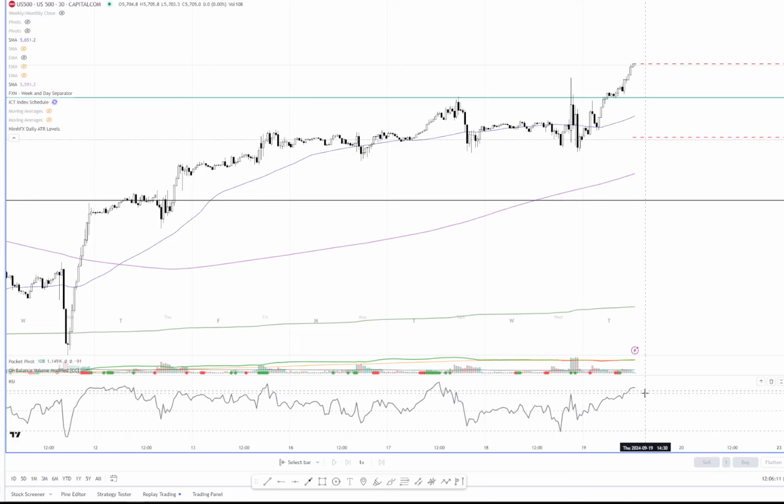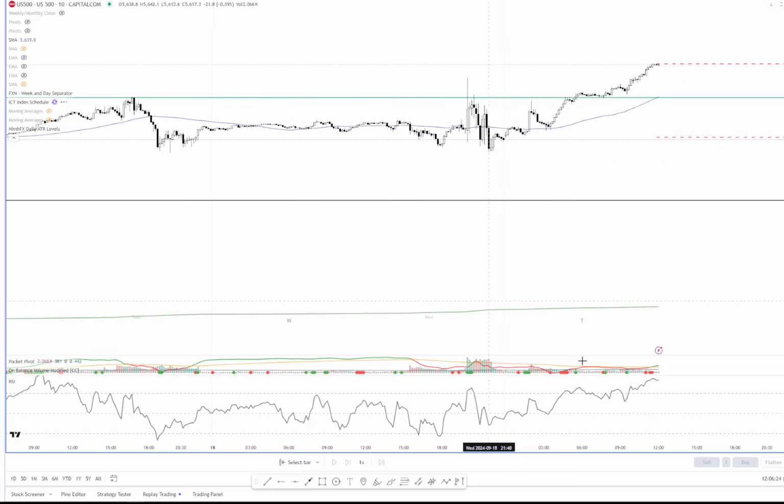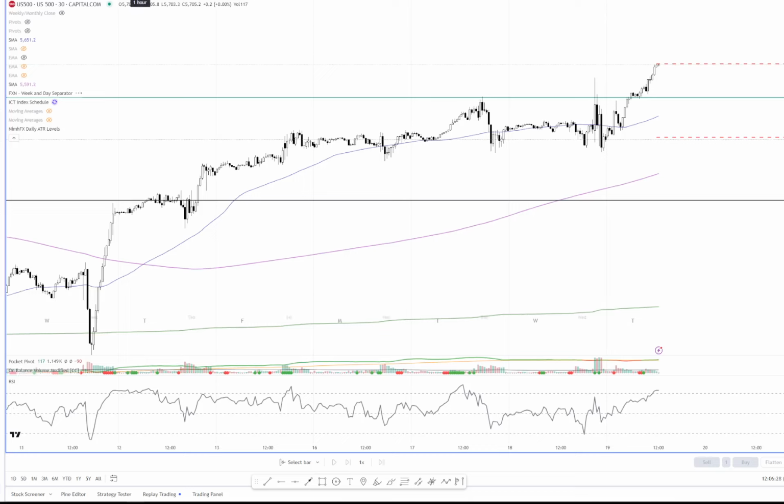You can also go up to 4 hour and look at the RSI. It's getting close to overbought. These are all about 10 minute, even 30 minutes is starting to get really up here to the 80s, and 1 hour as well. But there's some room still in the 4 hour, but it's pretty high.